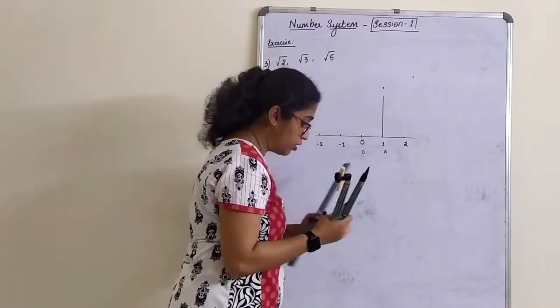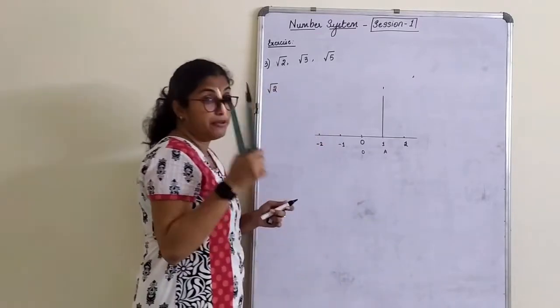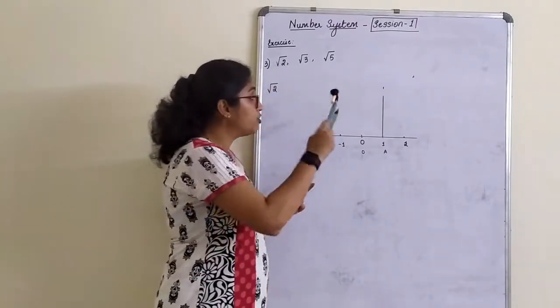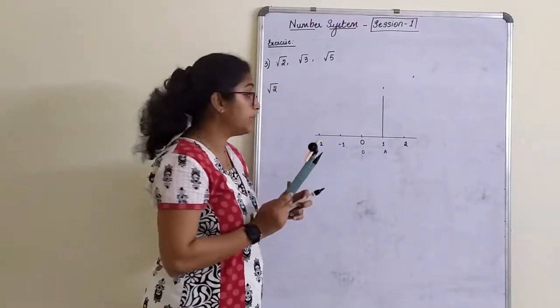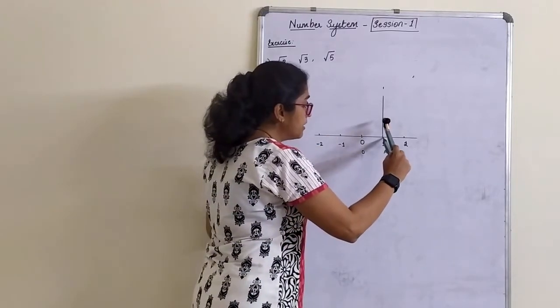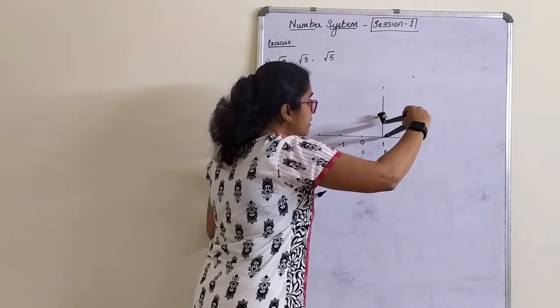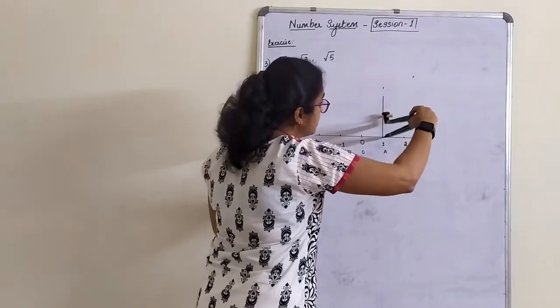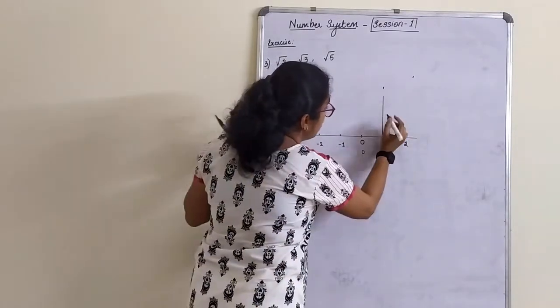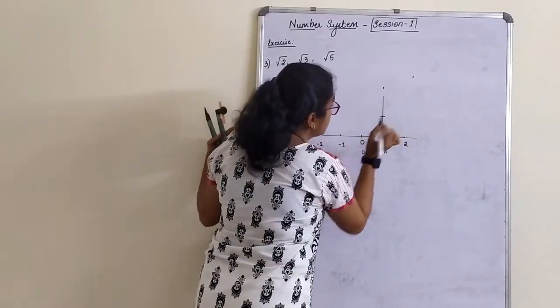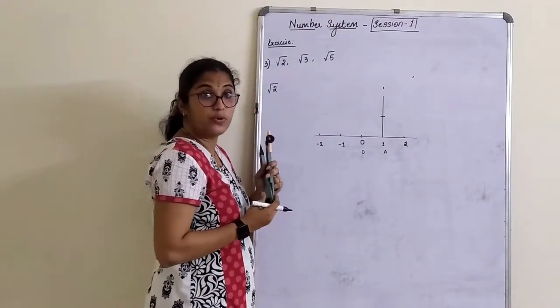Now here children, what will happen? I can't be fixing a marker to this, so if I draw with this chalk, it will not be visible. So I'll just show you what you will do. Keep your compass here and cut this for that 1 centimeter. So okay, I have just drawn, that means that line is here. Put an arc there. Very clear?